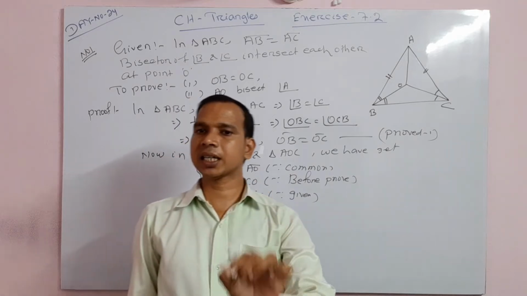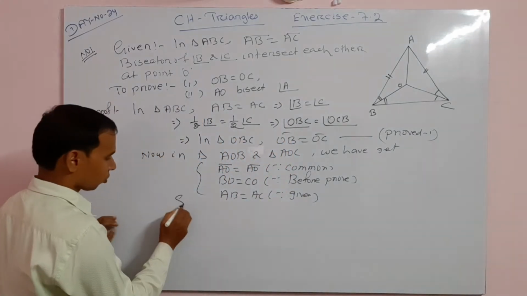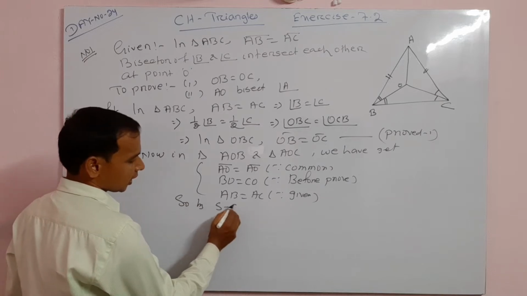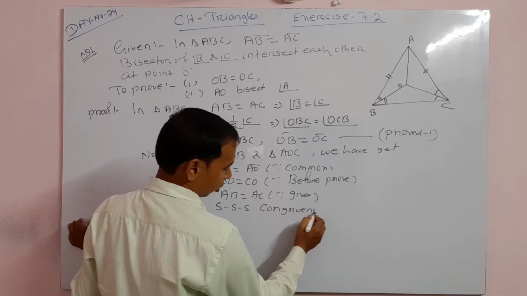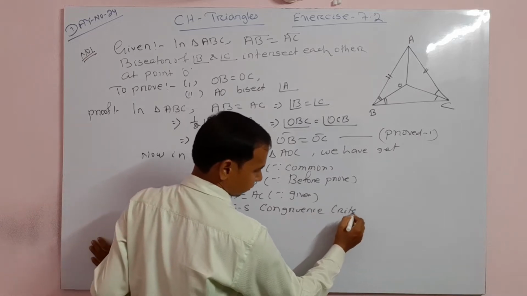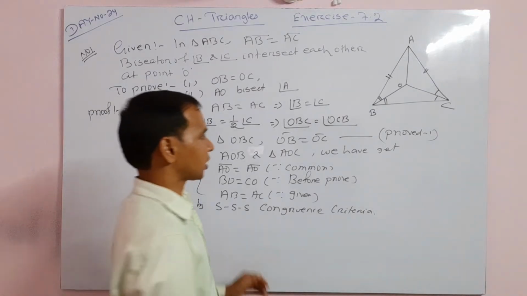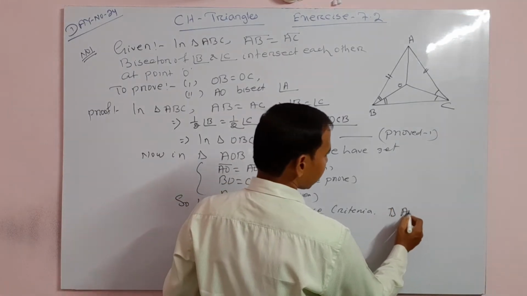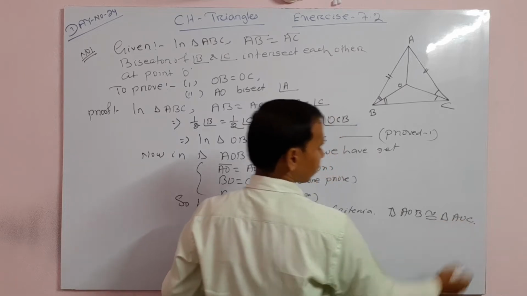So by side side side congruence criteria, triangle AOB is congruent with the triangle AOC.